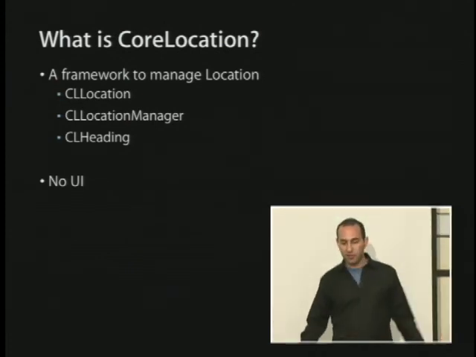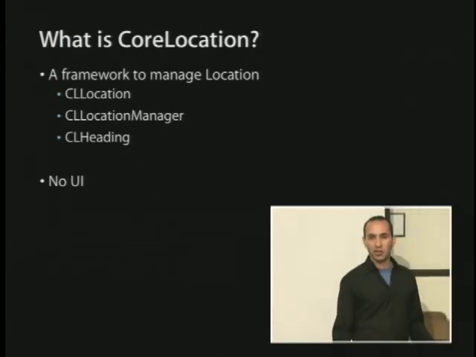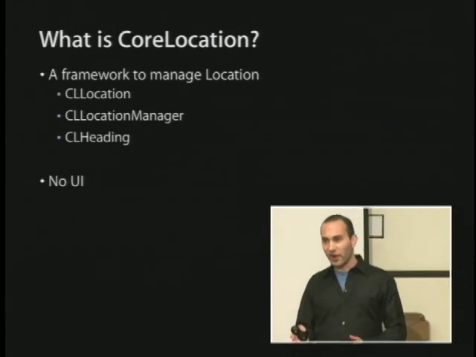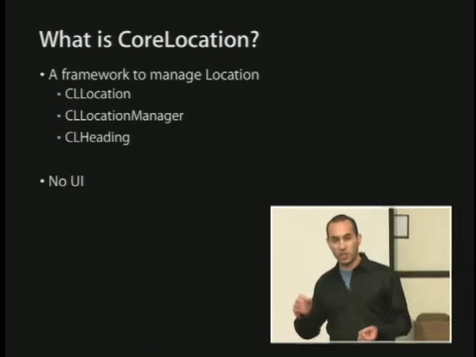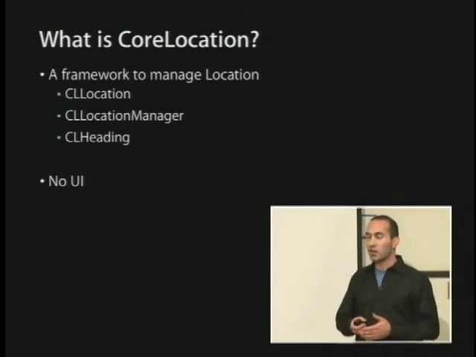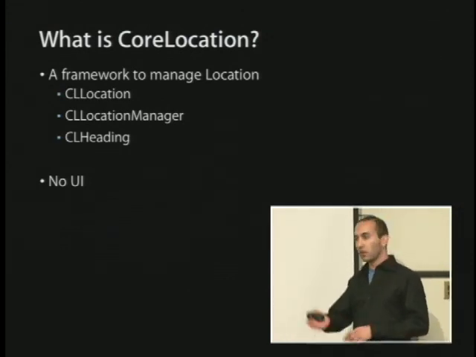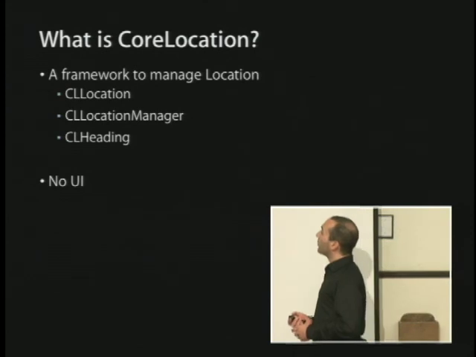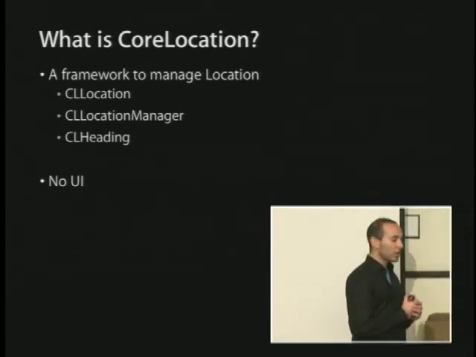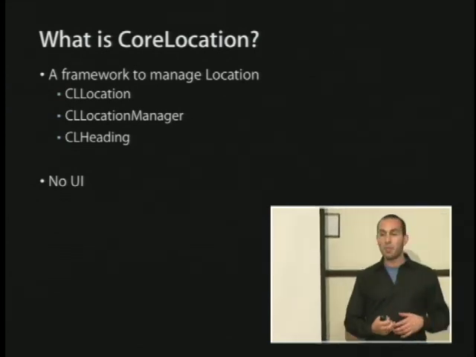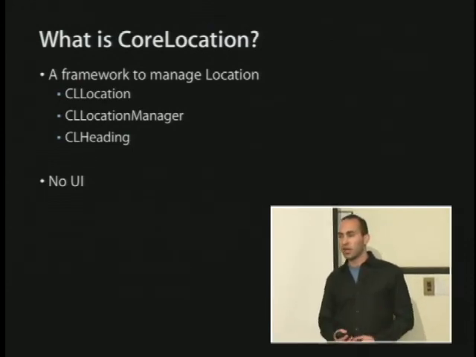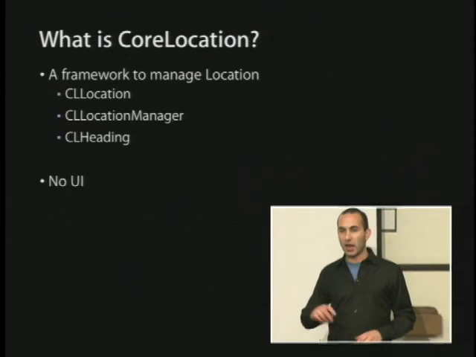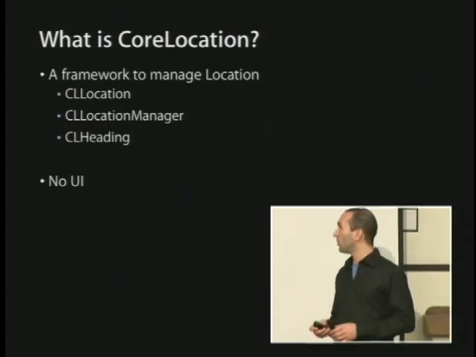So I'm at Stanford right now. I'm in the education building, and I'm walking very slowly in this direction. CLLocation would represent that in terms of geo coordinates and a vector for speed and direction. There's CLLocationManager. CLLocationManager is a manager in this framework that allows you to get the current location of the user. And we'll look a little bit at what methods it uses to do that.